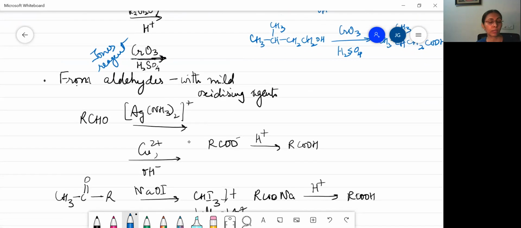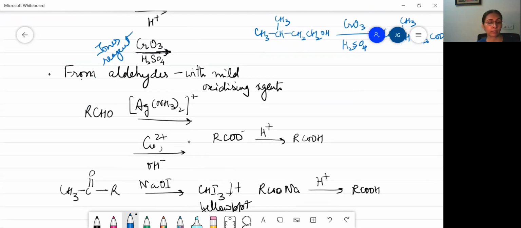Next, we can also prepare it from aldehydes. This again we had done during the properties of aldehydes, that is the oxidation reaction of aldehydes. Aldehydes, when treated with mild oxidizing agents, will give you carboxylate ion, which upon acidification will give you carboxylic acid. Which oxidizing agent? It is Tollens reagent, which you use in the silver mirror test.